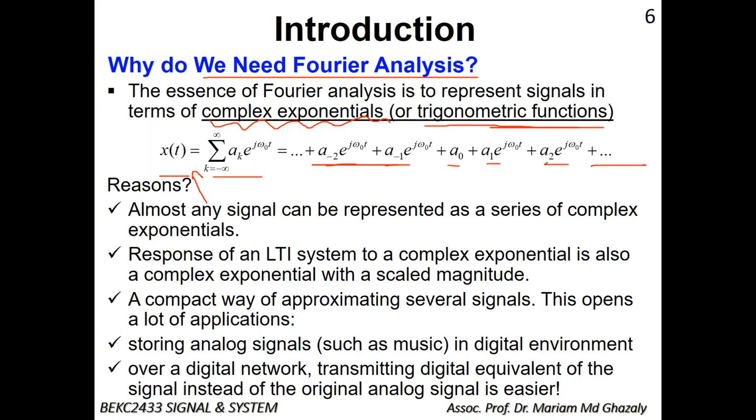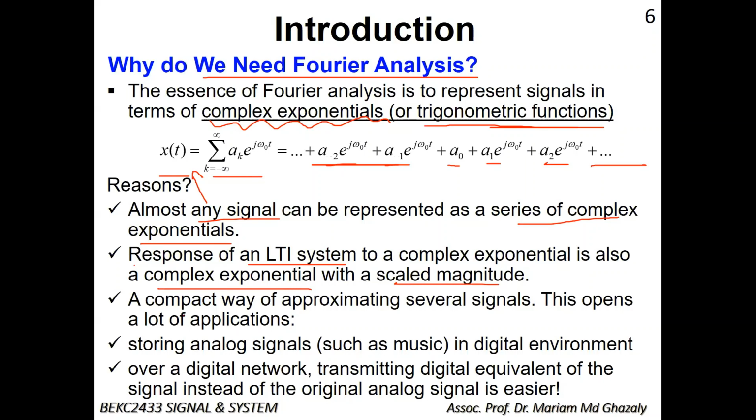The reason is that almost any signal can be represented as a series of complex exponentials, which is what you saw in the video in part 2. And the response of an LTI system to a complex exponential is also a complex exponential with scaled magnitude. Later on in Fourier series, you are going to plot the magnitude and the phase value.